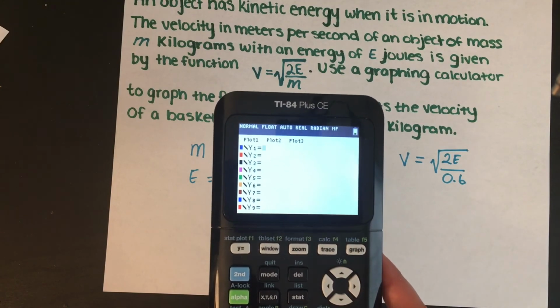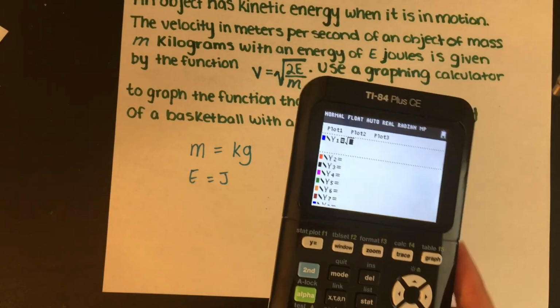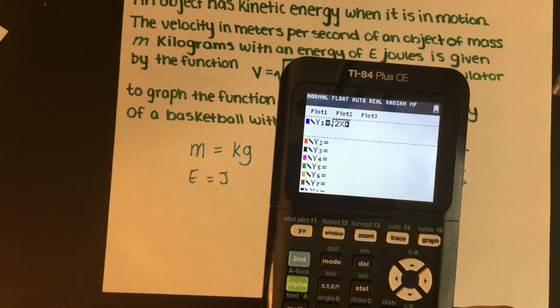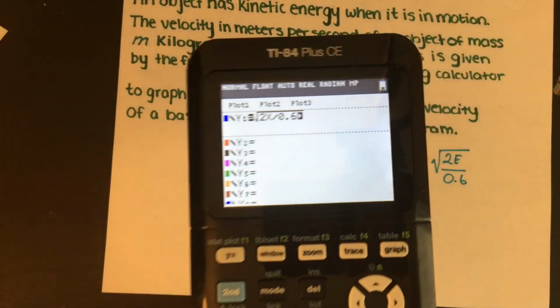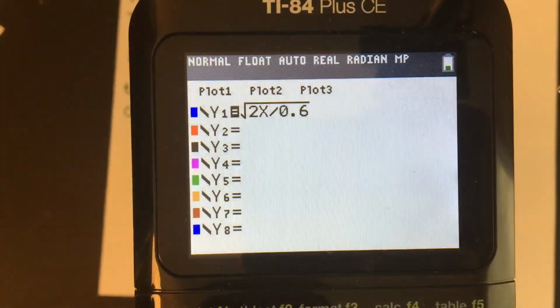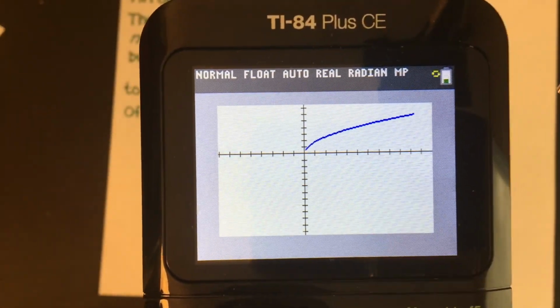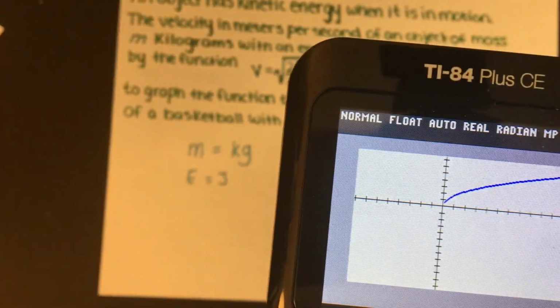So y is equal to the square root of 2x, divided by 0.6. And I'm going to zoom in so you can see what it looks like on a graph. And there, that is what your line looks like on a graphing calculator.